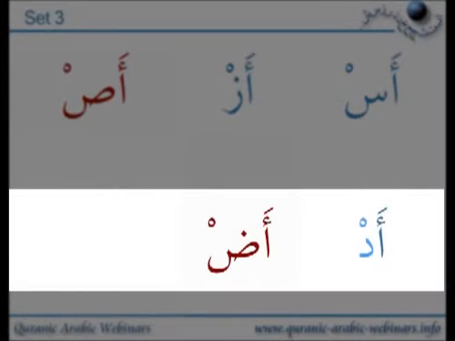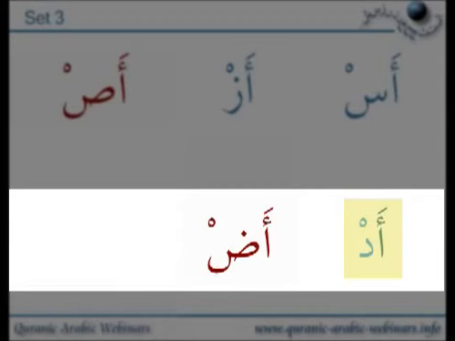And the bottom set here is the dal and the dad. So again, this is a tarqiq and tafkhim pair. So we have the lighter version of the d, which is dal, and the heavier version, which is the dad. So with the sakin version of those, we have ad, and that is going to be qalqala. It's one of the qalqala letters.